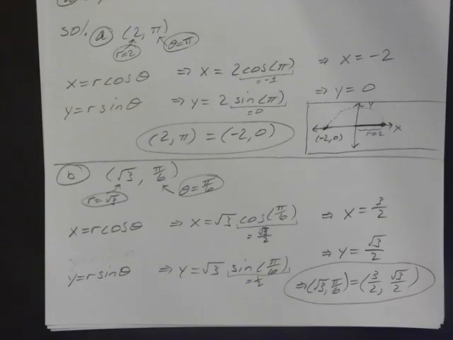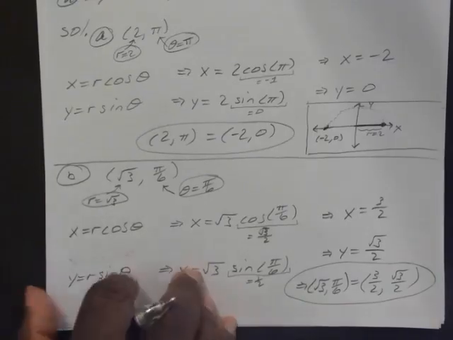All right, so any questions on that one? Okay, so that's how you convert polar to rectangular. But what if we wanted to convert rectangular to polar? Oh, anyone still writing? All right.